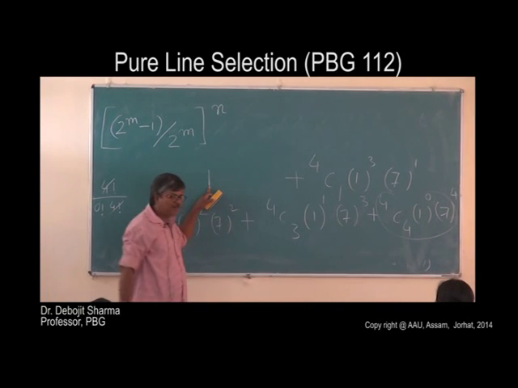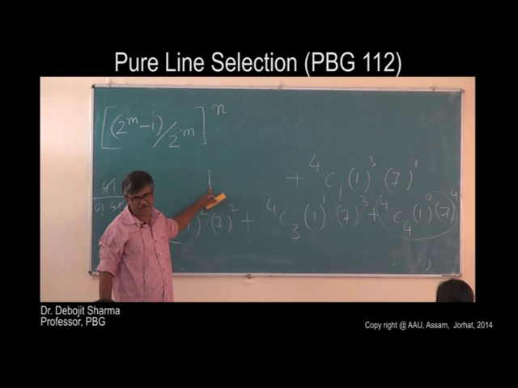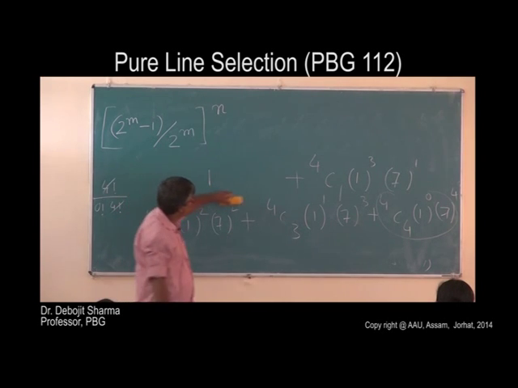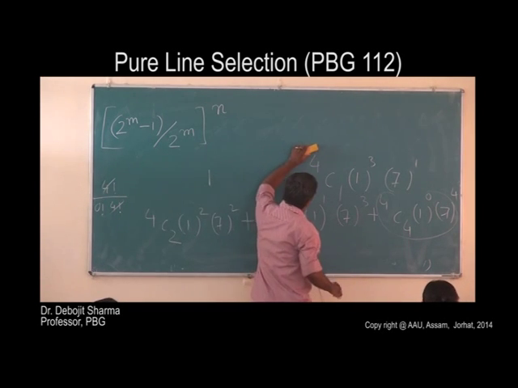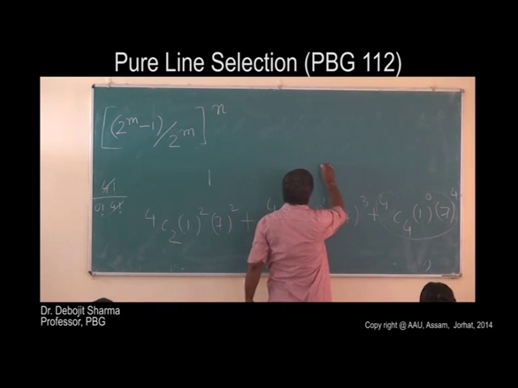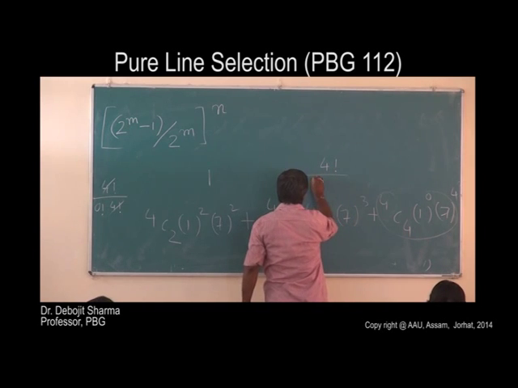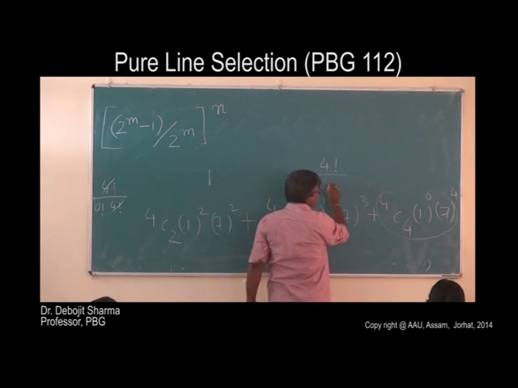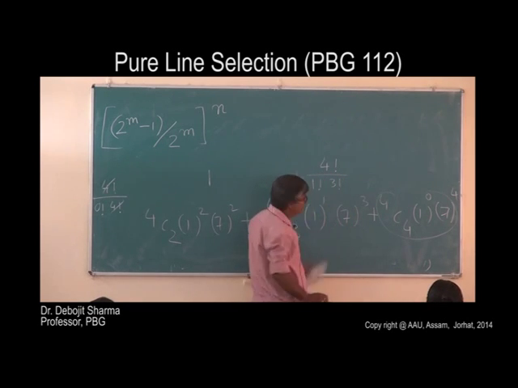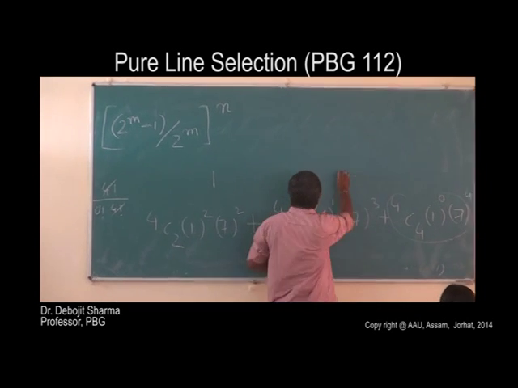There will be 1 individual with all the 4 genes in heterozygous condition. Then the second term: factorial 4 divided by factorial 1 into factorial 4 minus 1, factorial 3. If you solve this, this will be 4 into 7, 28, isn't it? So it will be 28.